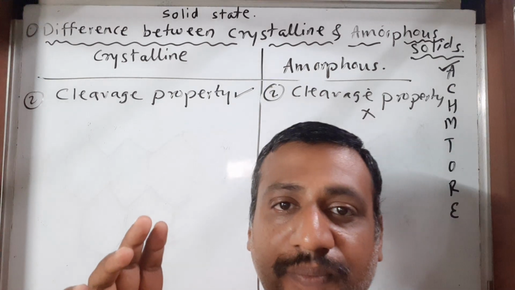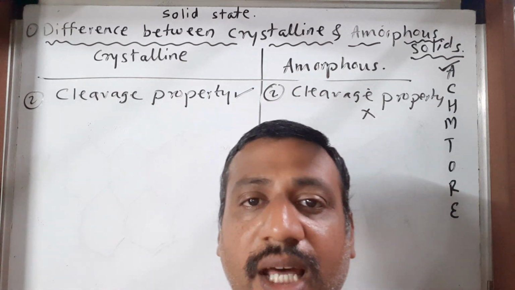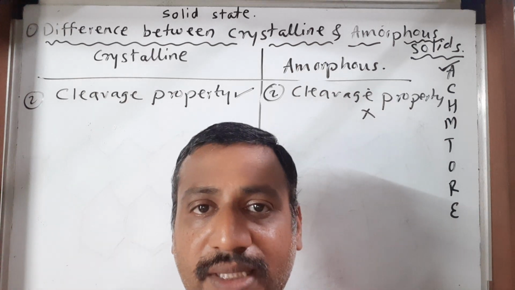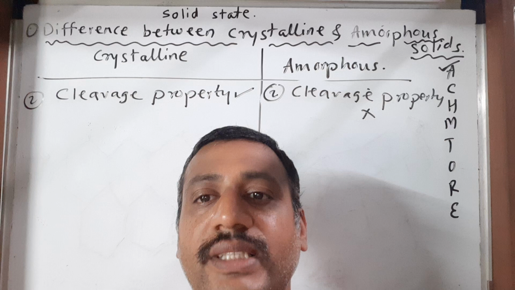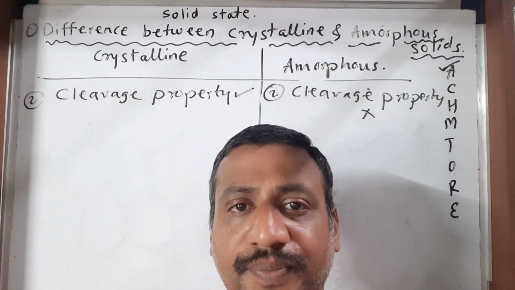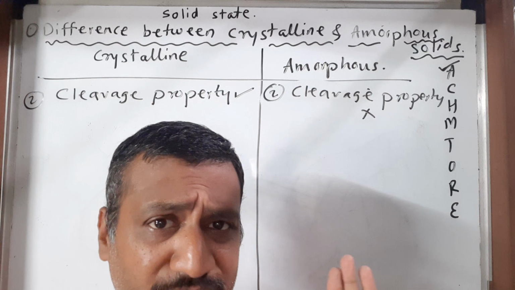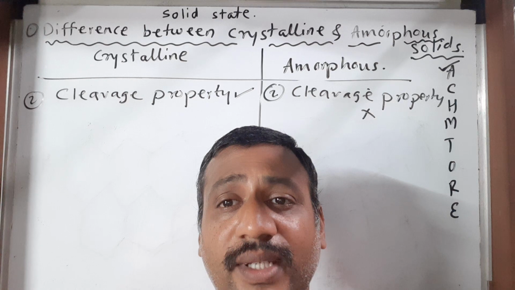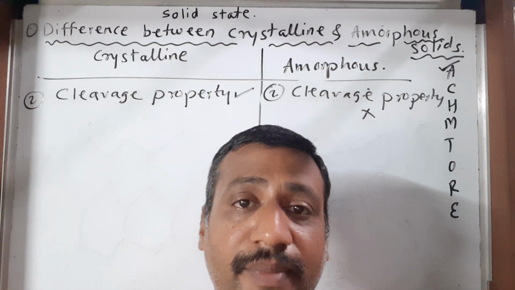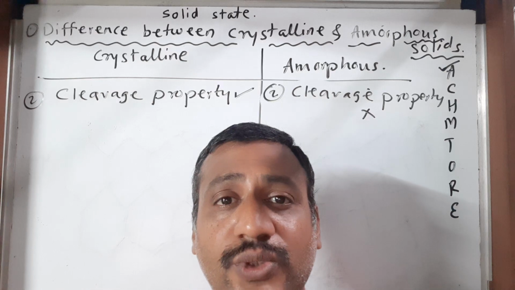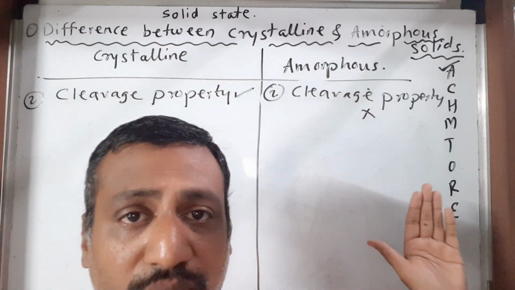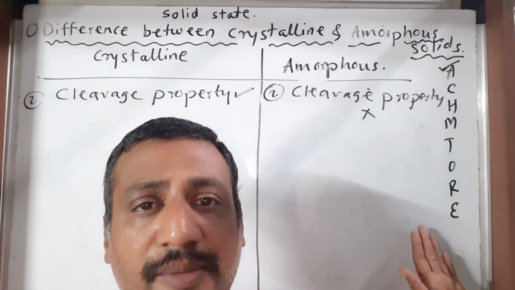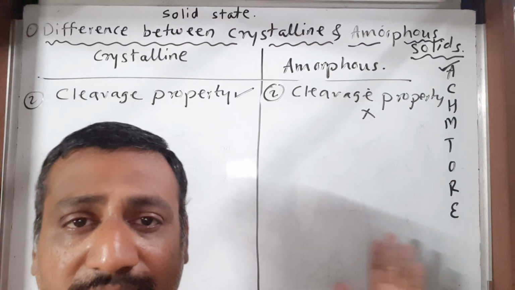For example, thermocol: if we cut the thermocol with a sharp-edged knife or a hacksaw blade, some thermocol balls get cut 10%, some may get cut up to 20, 30, 70, 90%, or varying proportions. Students, we are talking about it microscopically; I am just giving a macroscopic example, but microscopically we have to think, okay? So when these are cut, there will not be a plain smooth surface, that is about the amorphous solids, okay? Plastic, rubber, thermocol, glass, wood, furniture, these are examples of amorphous solids.